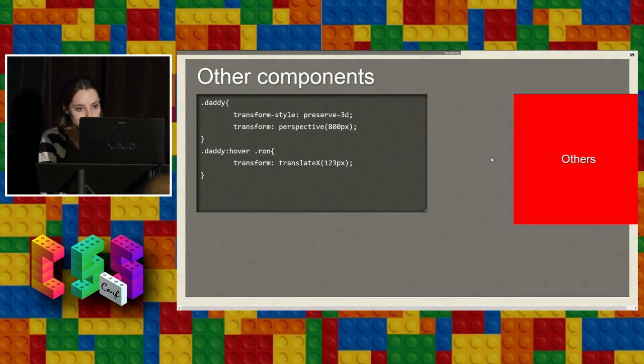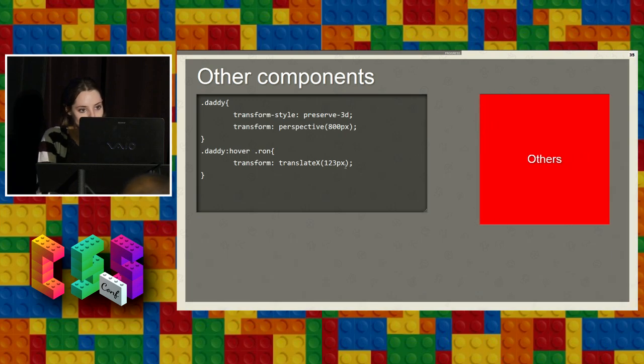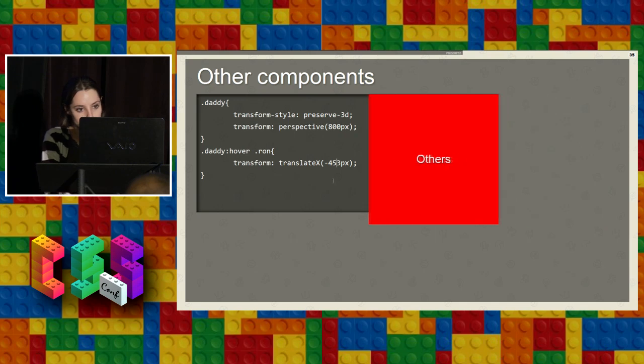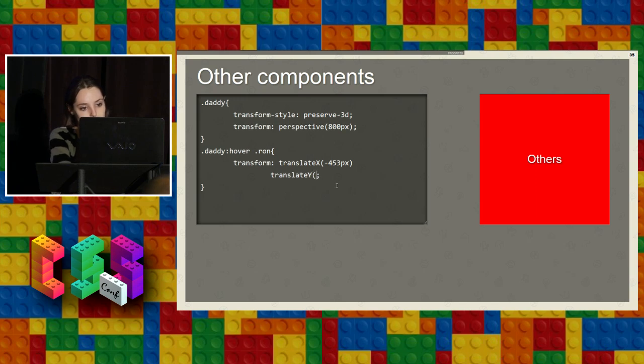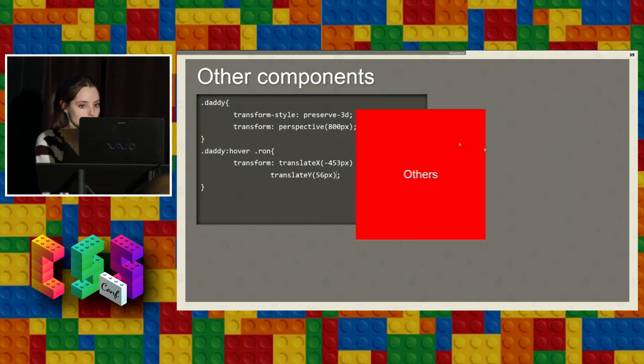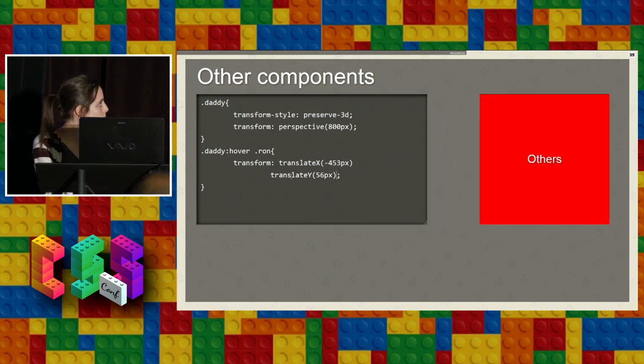So it's pretty simple. But we can mix it as well with other axes. So we could put translateY, and then mix X and Y, and it moves a little bit more.